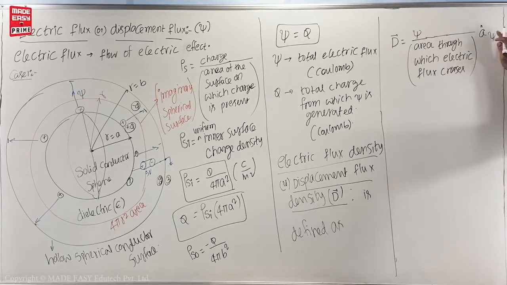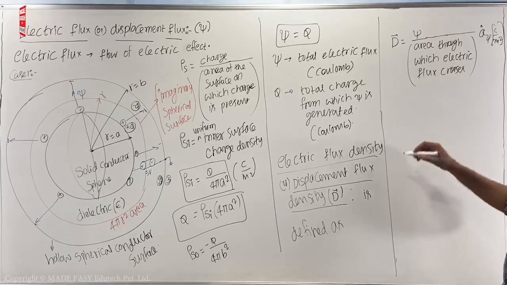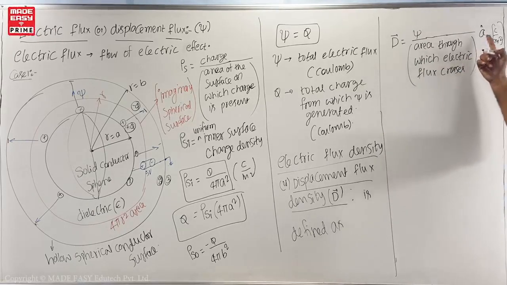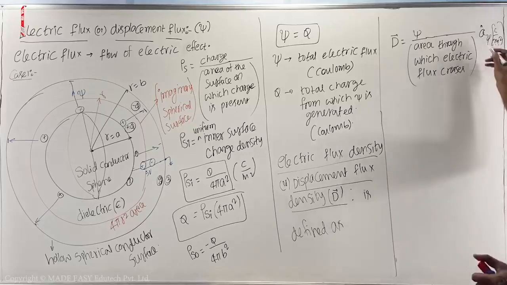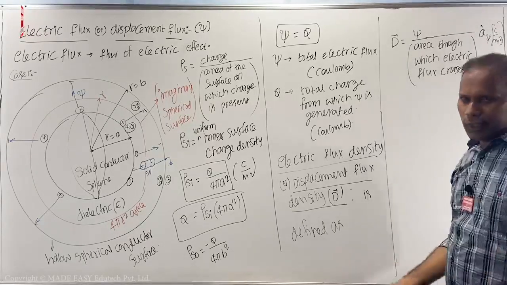The unit is coulomb per meter square. Dear students, A cap means unit vector, in the direction of electric flux.